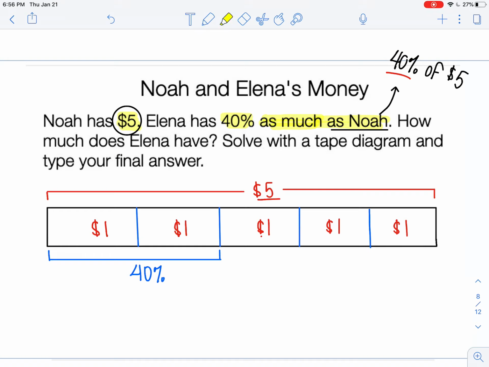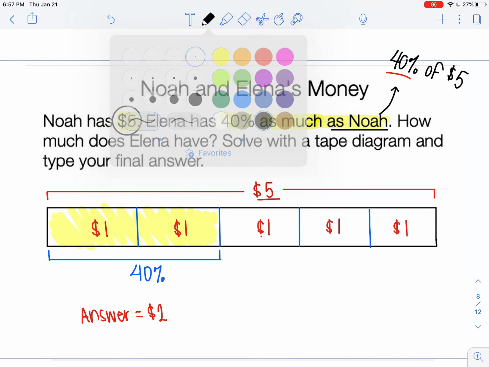And so I know that 40% of $5 is $2. The final answer is $2.